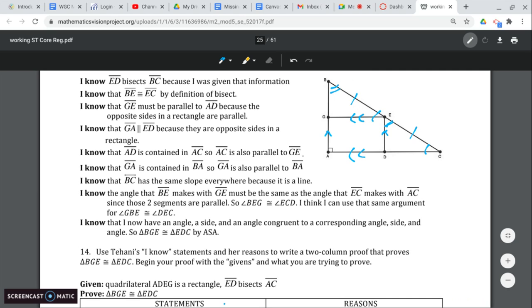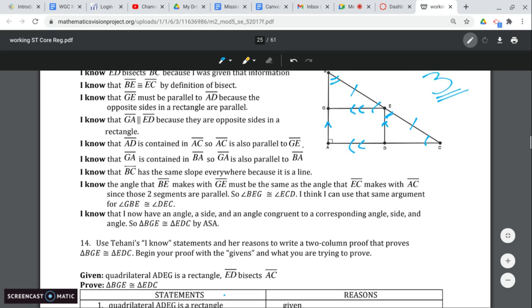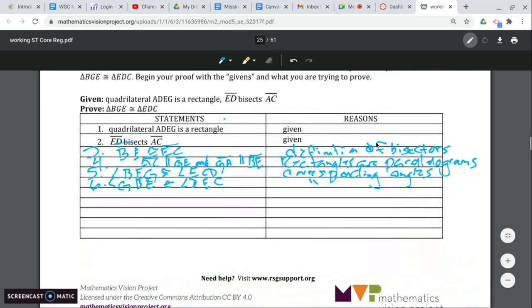So anytime we're trying to prove that triangles are congruent, we have to have 3 things. We have to be able to show that there are 3 parts of the triangle that are congruent to one another in order to do that. So we have angle, side, angle, because we have these angles here, this side, and then the angle down at the bottom. So now we are on our proof statement.